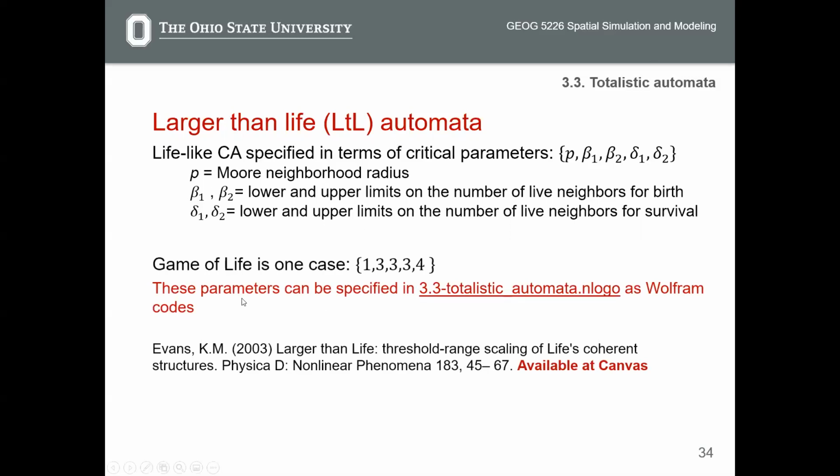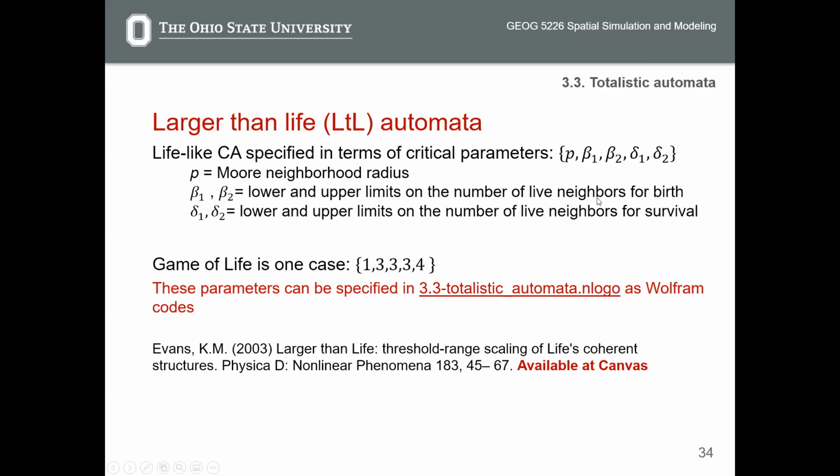So for the Game of Life, these parameters should be 1, 3, 3, 3, 4. It means that the Moore neighborhood radius for the Game of Life CA is 1, right? And 3, 3 are the lower and upper limits on the number of live neighbors for birth.